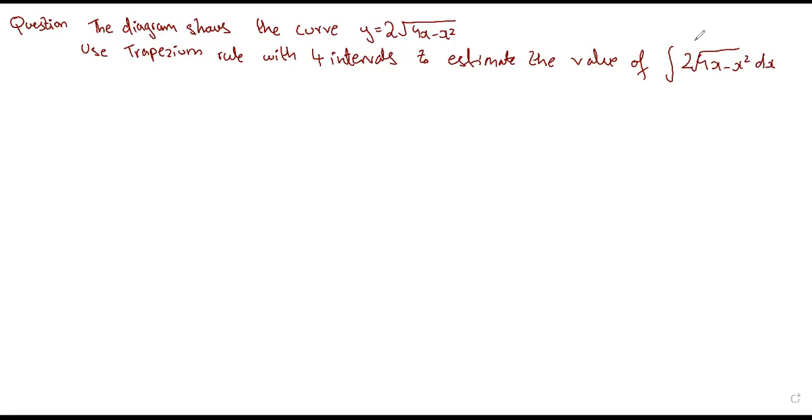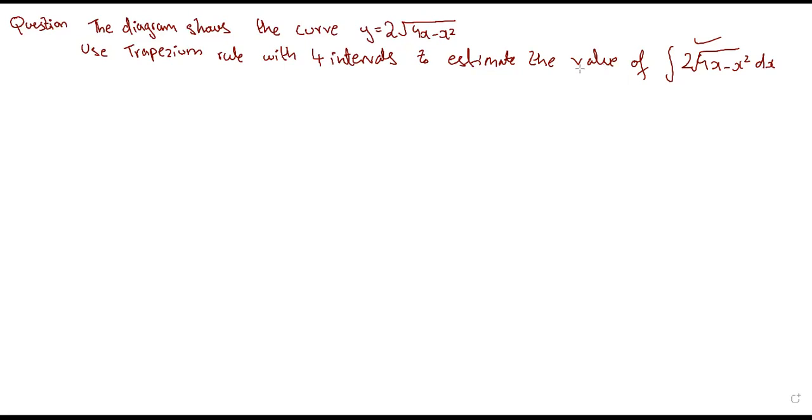Now why have they written this? We usually estimate the area under the curve, but here the question has a different statement. They're asking us to estimate this value. So how would you answer that? My question is that usually the question says to estimate the value under the curve.